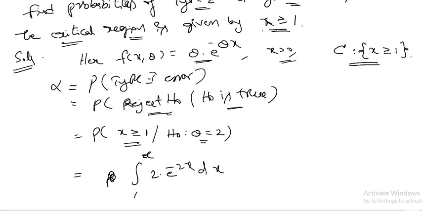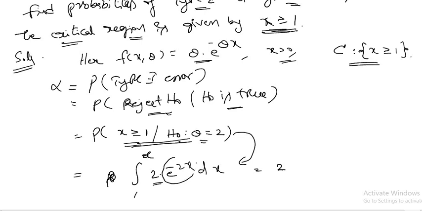Here rejection region is x greater than or equals to 1. H naught theta equals to 2. So with mathematical notation, with this condition we got this one. We need to do this integration. Here 2 is constant. Okay, right aside.